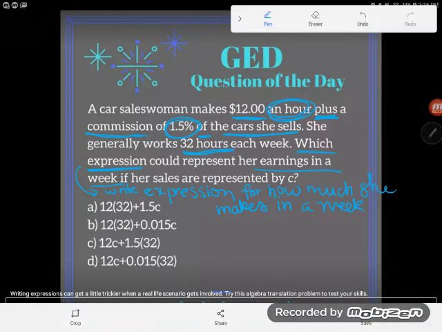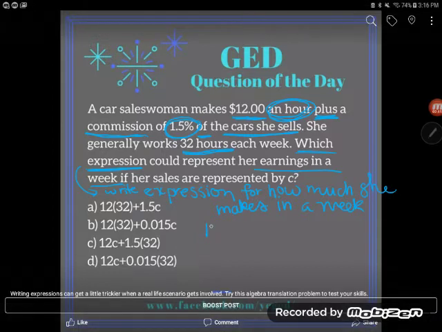Which expression could represent her earnings in a week if her car sales are represented by C? Okay. So I'm going to start with the part that's easiest for me to understand, her hourly wage. Commission's a little trickier. So she makes $12 an hour. But that's not just $12.